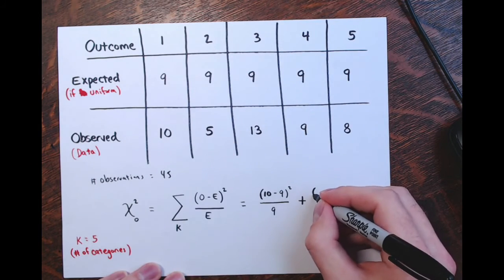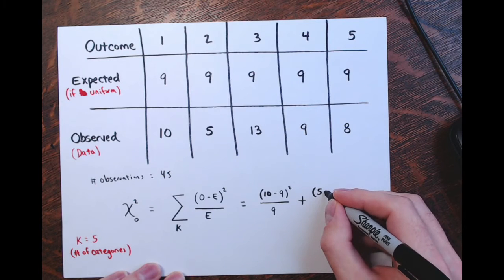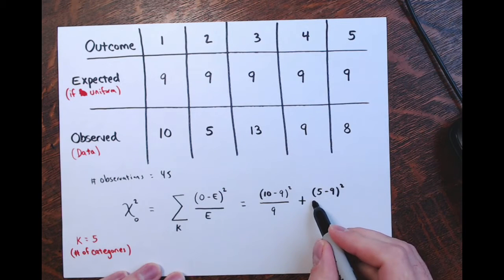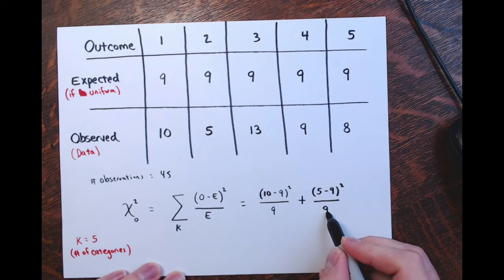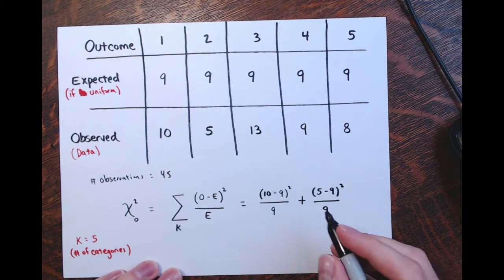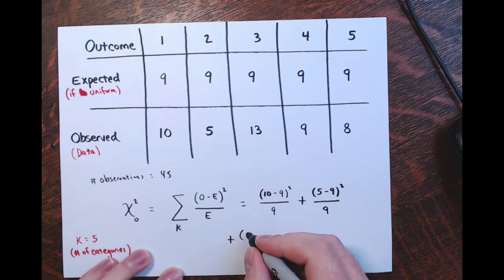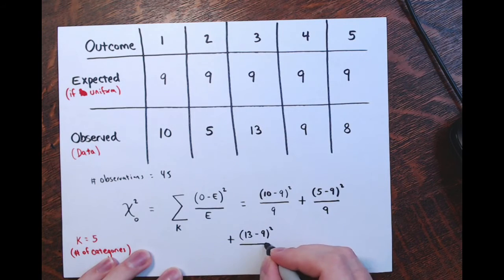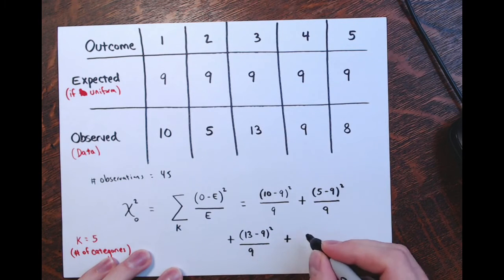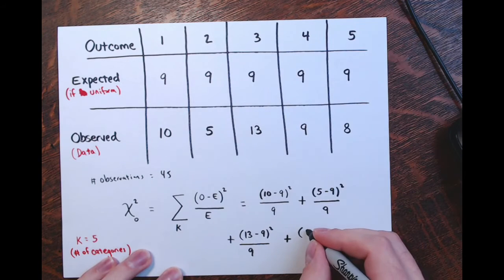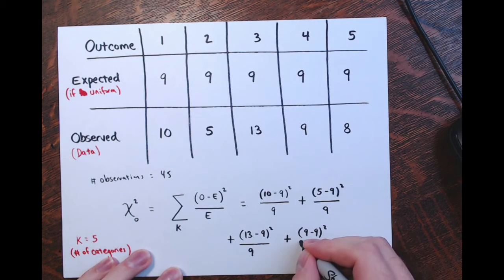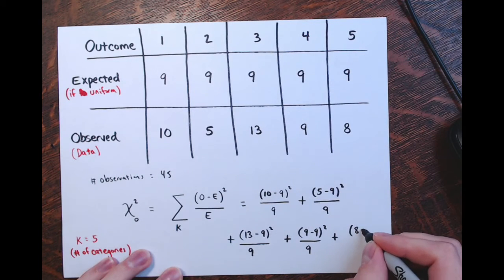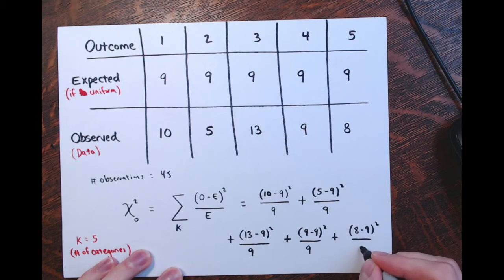Category 2, 5 were observed; I would expect 9 if they were truly uniform. Square that and divide by the expected 9. Plus, for the third category, 13 observed minus 9 expected squared divided by 9. Fourth category, 9 minus 9 squared divided by 9. And for the fifth category, 8 minus 9 squared divided by 9.